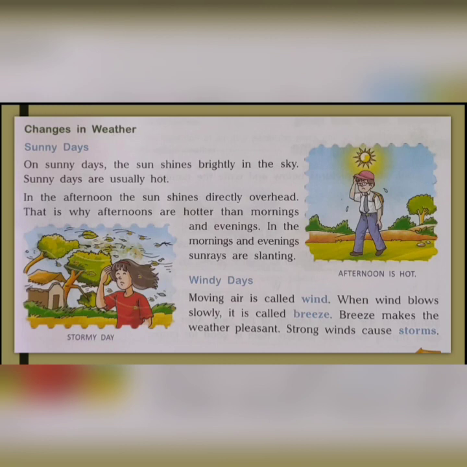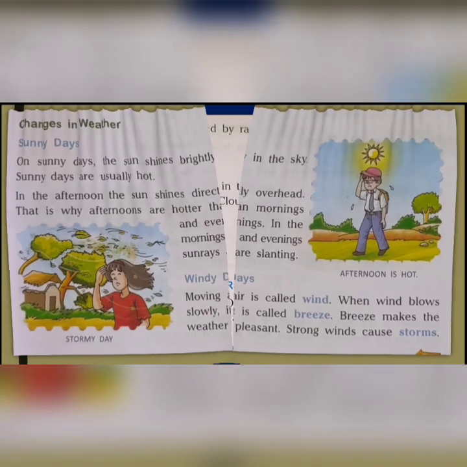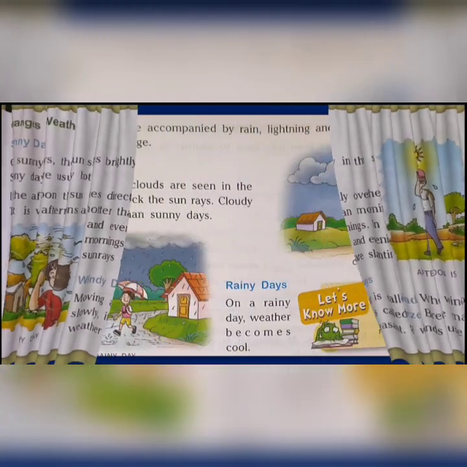Next let us know about windy days. Wind is what? Moving air is called wind. When wind blows slowly it is called breeze. Breeze makes the weather pleasant, but strong winds cause storms, right?